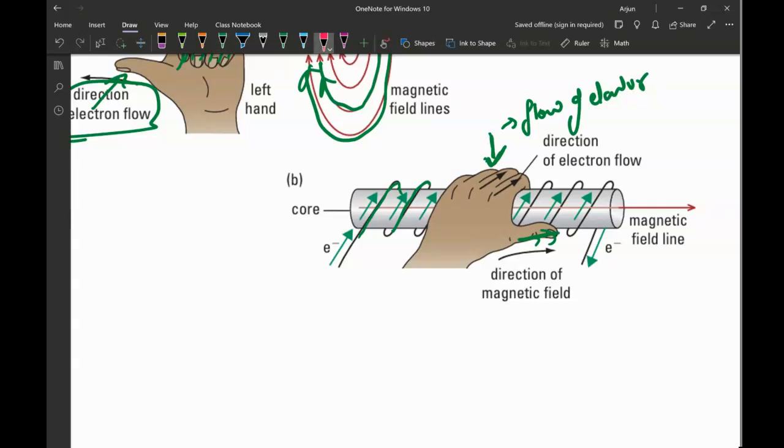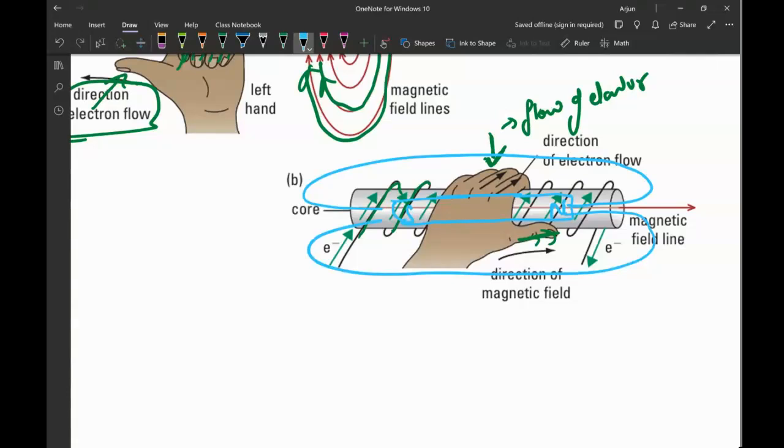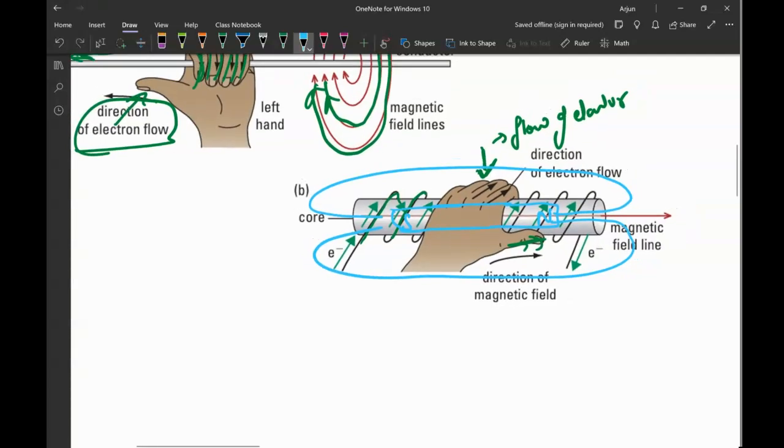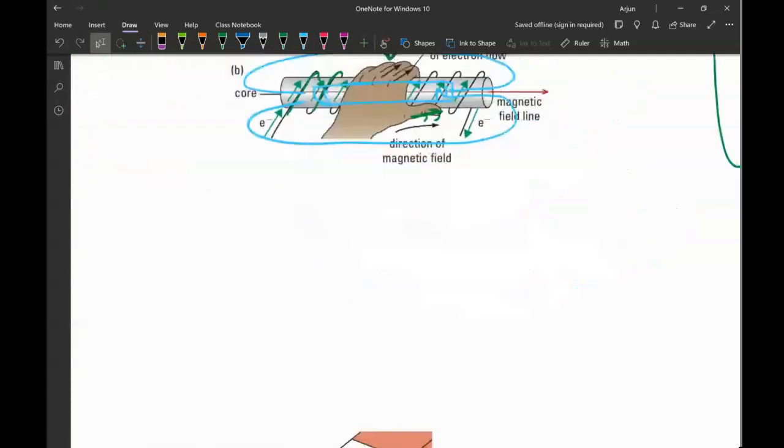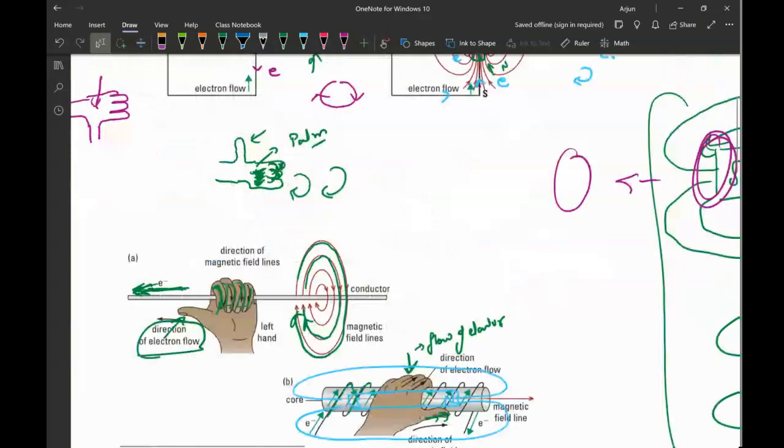If I try and draw a north pole in this one, this is how I can draw it. This is magnetic north and this is south, and magnetic field lines will come out of here and go towards inside here. That's how you can represent the magnet for a coiled wire. All right, so hopefully you were able to understand the left hand thumb rule.